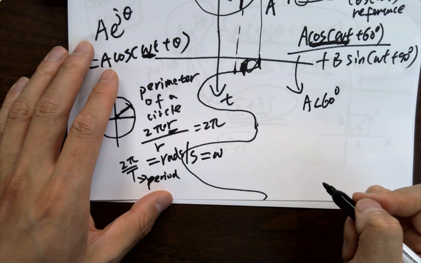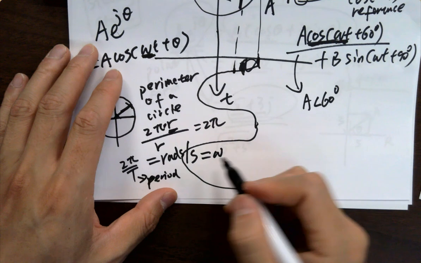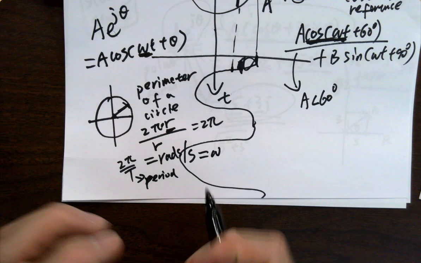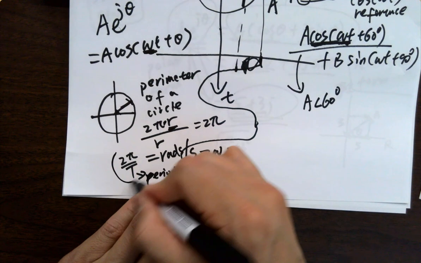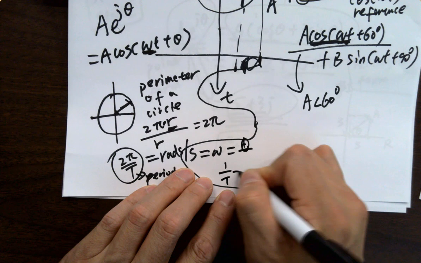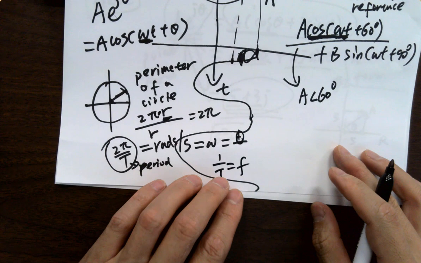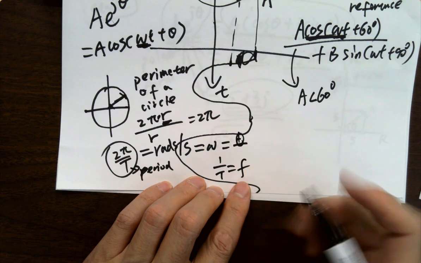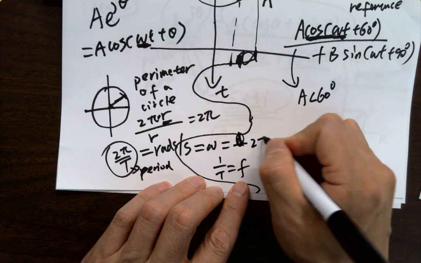So omega also equals, because 1 over T is f, is frequency. I agree with that. You agree with that? So 1 over time is frequency. So eventually omega is also equal to 2 pi f.